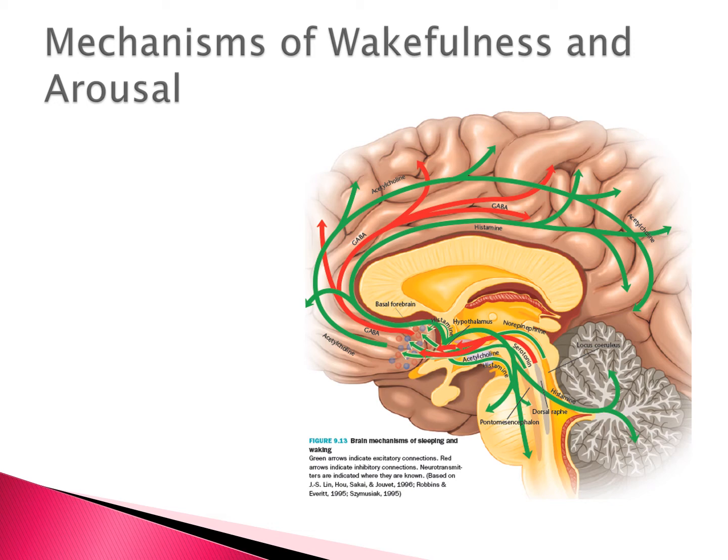And we should see some effect on the thalamus. In addition, the red arrows are telling us about inhibitory activity, which we have not really talked about a lot, but we will talk about gamma aminobutyric acid, and how that is inhibiting behavior and promoting slow wave sleep.